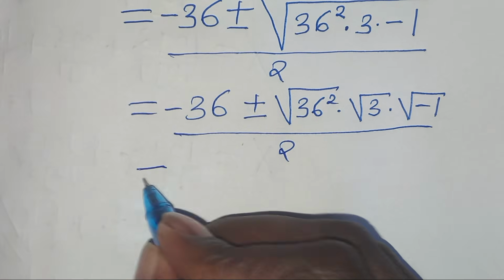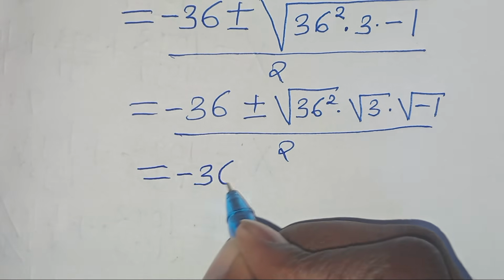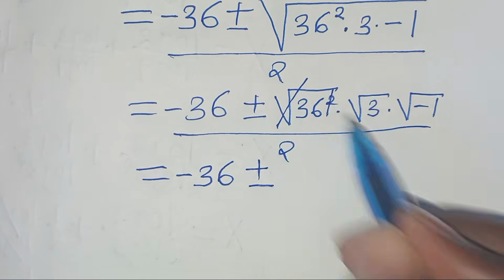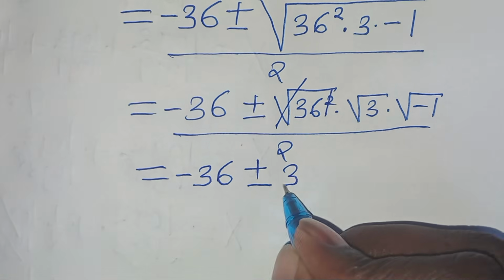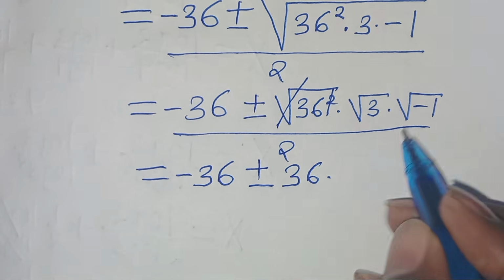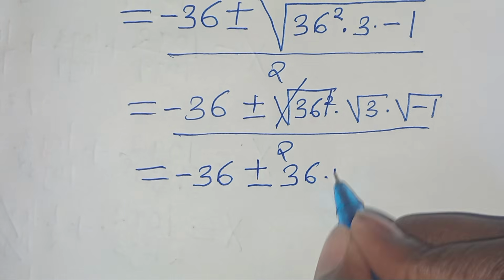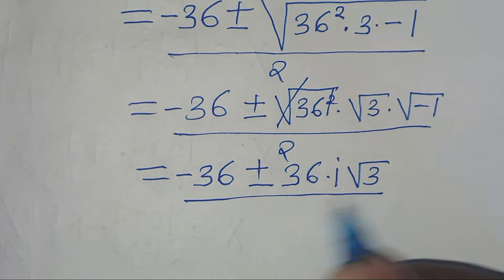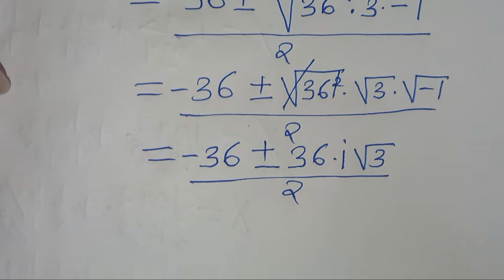So this means that here we have negative 36 plus or minus. Now here we can eliminate the square root sign, so we have 36 multiplied by square root of minus 1, this is i, then square root of 3, then this is divided by 2.